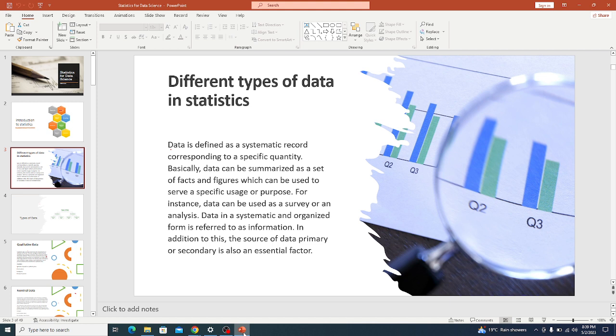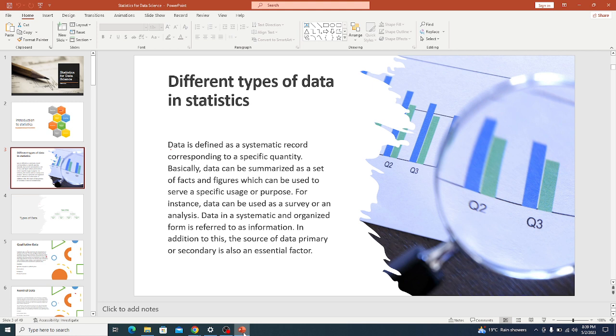Secondary, if you go online, you can get any kind of data you need, like COVID-19 data or the financial performance of different companies and stock prices.